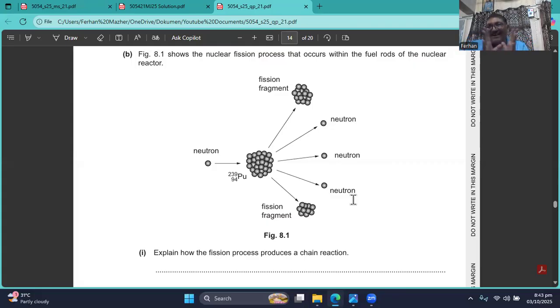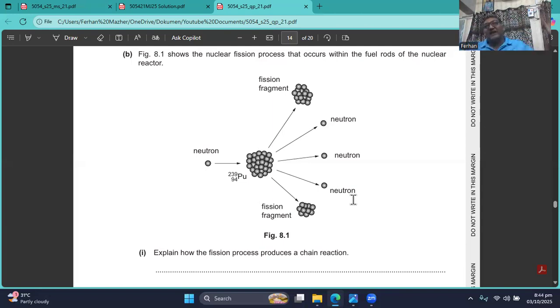So once you start it, 3 neutrons will be formed, and they will do the fission of 3 plutonium atoms. And from the fission of those 3 plutonium atoms, 9 neutrons will be formed. Then those 9 neutrons will be able to do the fission of 9 plutonium atoms.